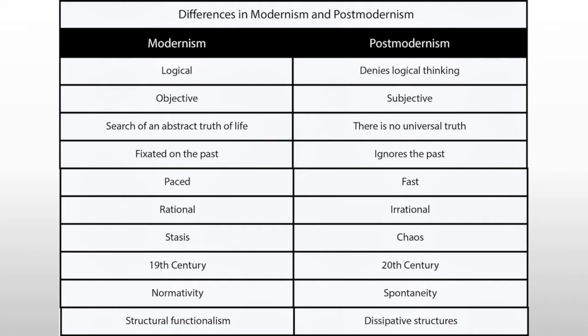So that's society versus the individual. The society moves as a whole in the modern world, whereas society moves as a conglomerate of individuals in the postmodern world. Another way to look at it is the individual exists to serve the society in the modern world. Society exists to serve the individual in the postmodern world.